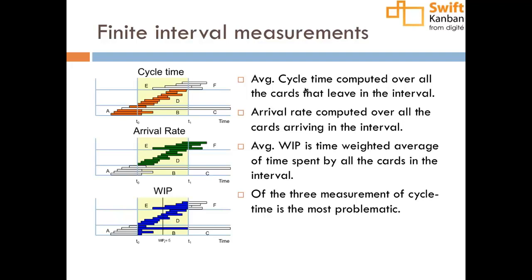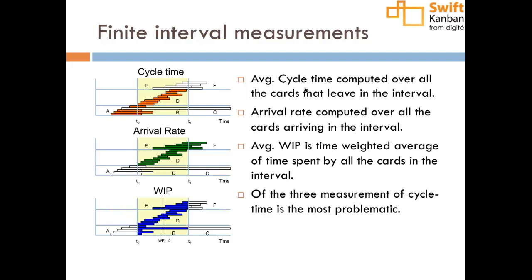That means there are 5 cards that cross that line. However, when we want to calculate average WIP, we have to time weight the point in time WIP, or in other words, it's the total blue area divided by the total time.